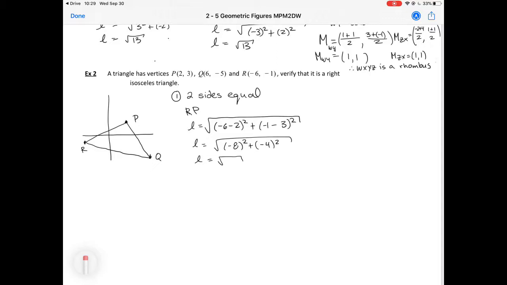So 64 plus 16 is going to give us root 80, which is fine. Again, we can just leave it as is.